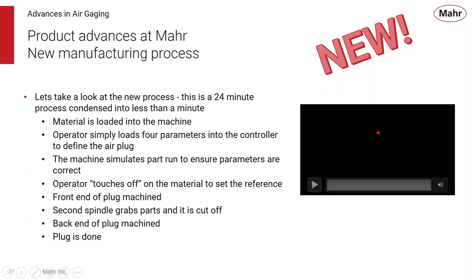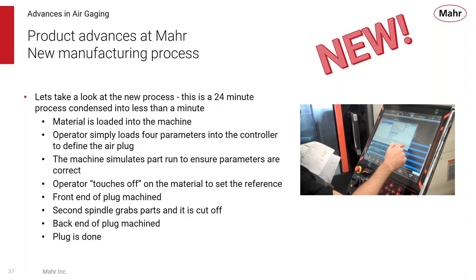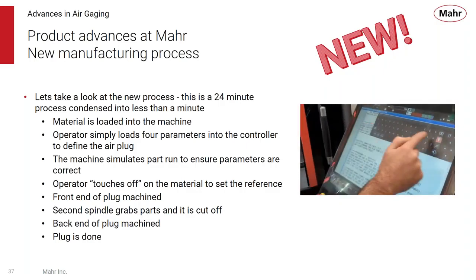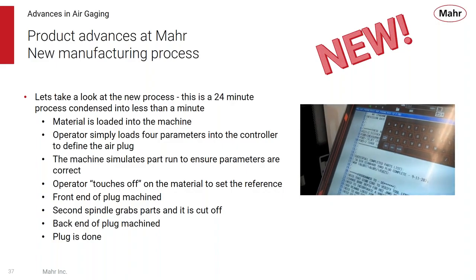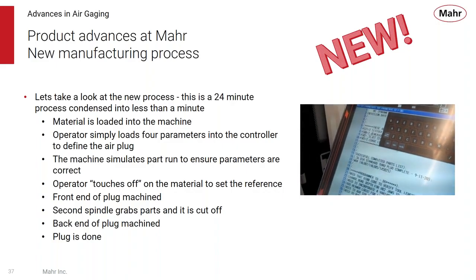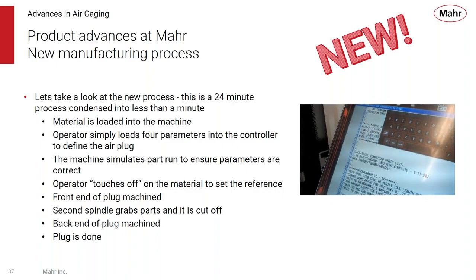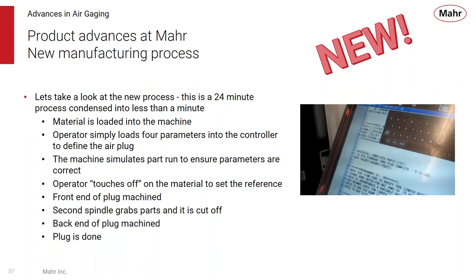Now this manufacturing process is very fast. I'm just going to show you a portion of it. And what the operator really has to do to create an air plug is go into the part program and enter 4 parameters into the machine.